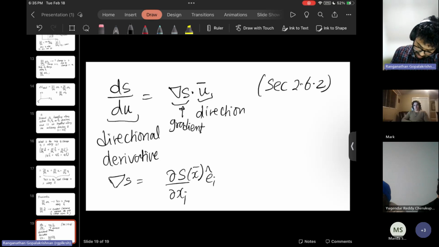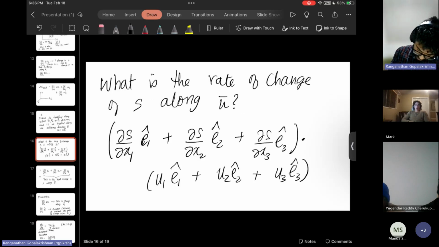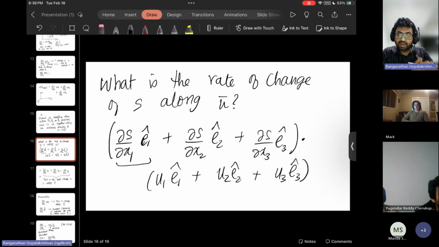That is, the gradient is defined as a vector, so of course it comes with the derivative operator along that direction multiplied by the basis vector along that direction.